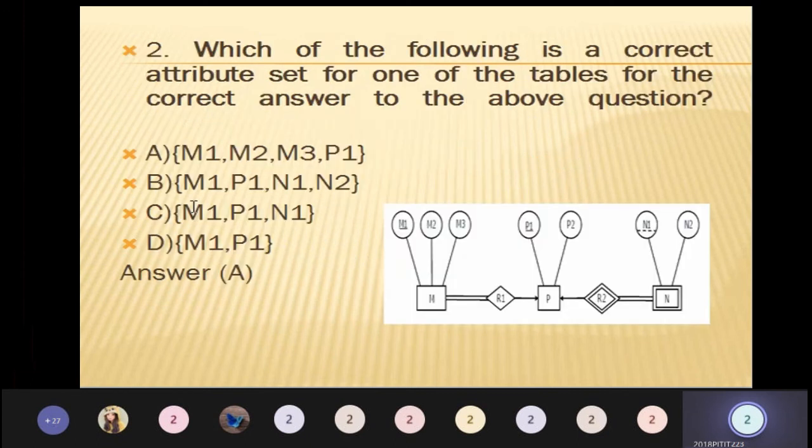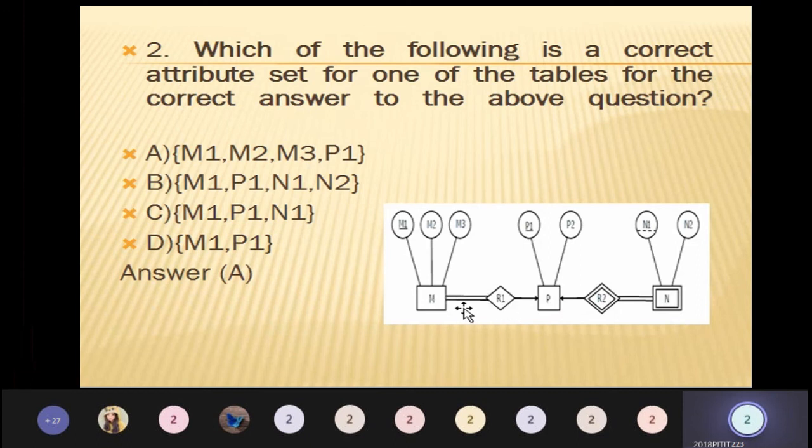The next question is: which of the following is a correct attribute set for one of the tables for the correct answer to the above question? In this question, the first entity is M, the second entity is P, and the final entity is N. R1 and R2 are the relationships, represented by diamonds.